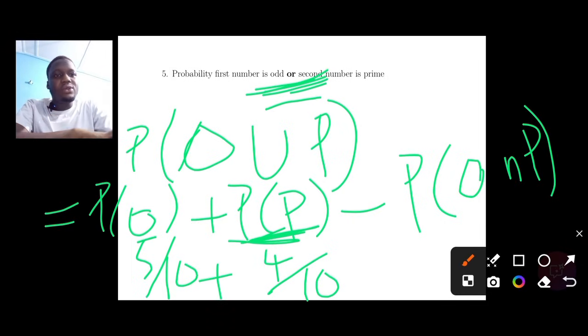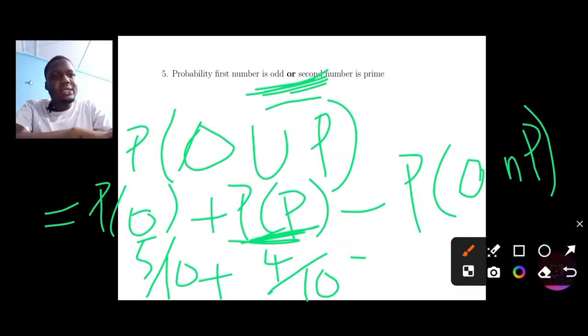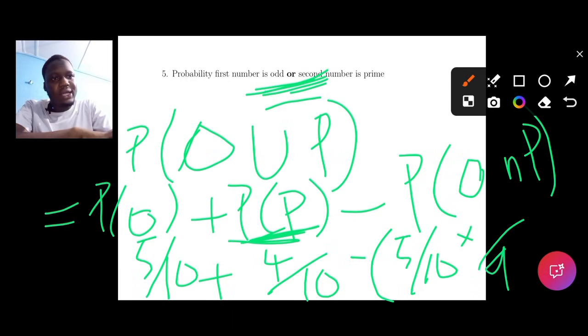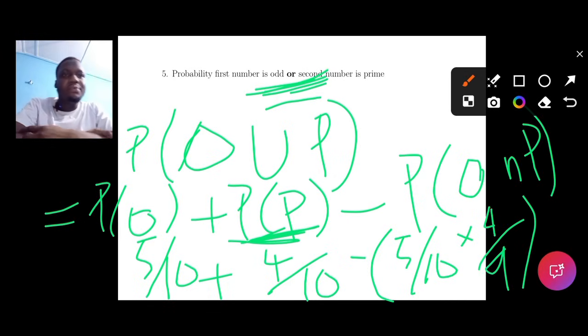So when we come to the intersection, P(O) is 5/10 times, then we now reduce the sample size to what? To 9. So for the prime number, you have 4 out of 9. Sorry, prime number, not a perfect square.